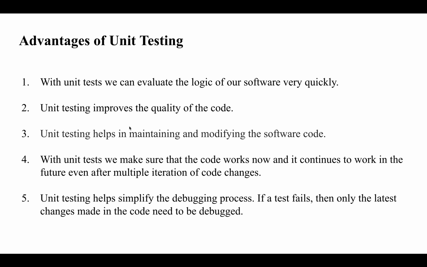The fifth thing: unit testing helps simplify the debugging process. We already saw it. Only if my test case is failing do I have to go and debug the code to see what issues I have created. So these are a few advantages of unit test cases.